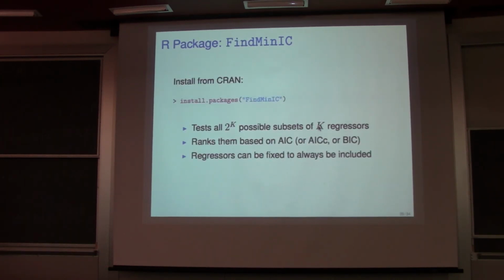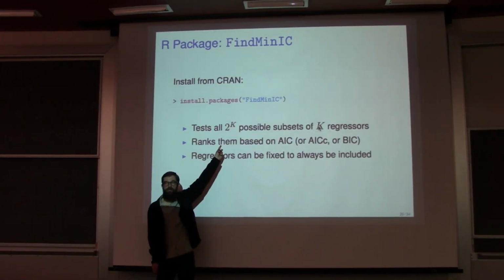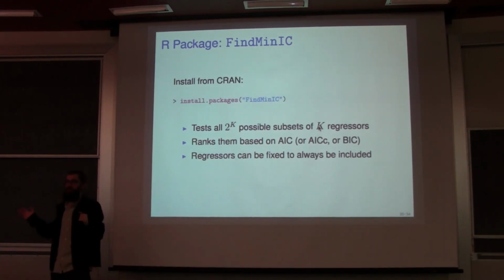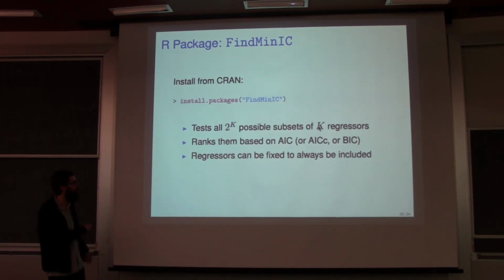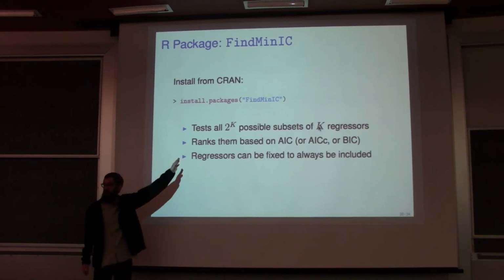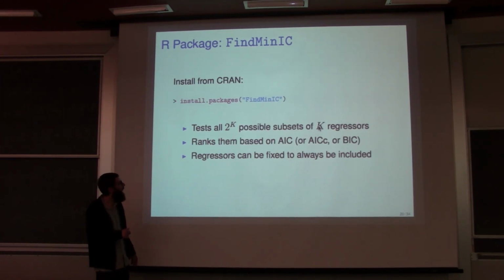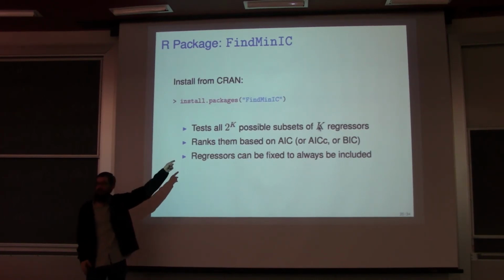Okay, so one strategy is if you don't have that many variables, if you only have k variables, 2 to the k is not too bad. And AIC is really easy to compute. It's just 2k plus the sum squared residuals kind of thing. You can flip through all your models if 2 to the k is only in the thousands or so, you're probably good to go. And this package, FindMinIC, will do exactly that.